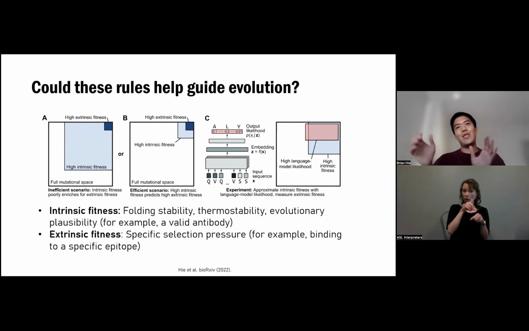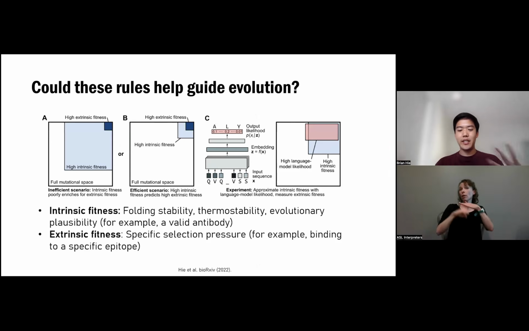There's a bit going on in this cartoon, but fundamentally, if we're going to use these language models to evolve, say, an antibody for higher binding affinity, these language models are actually really quite naive. They see an antibody sequence, and they have no idea that the antibody binds to anything, let alone a specific epitope of a specific antigen.